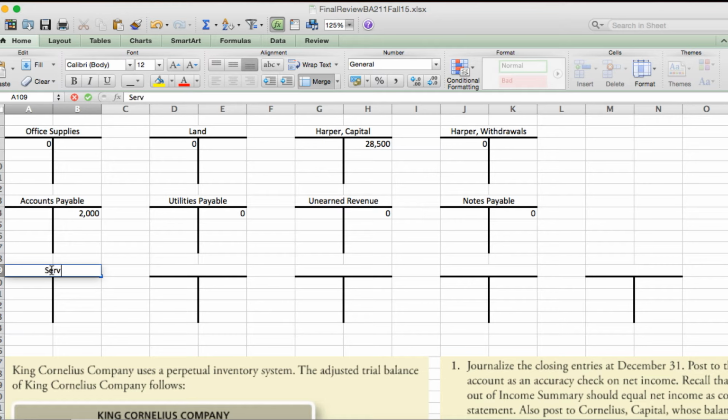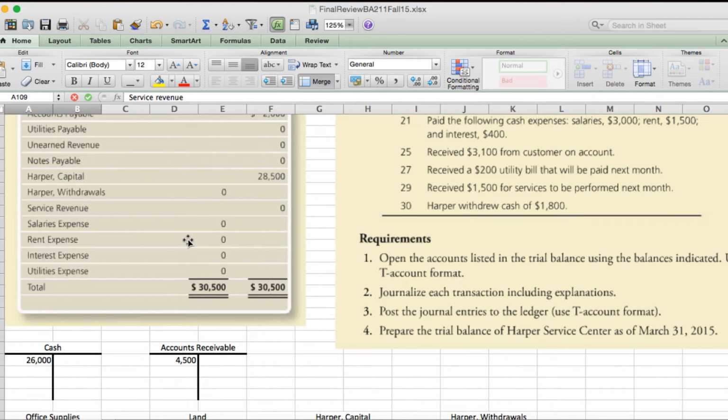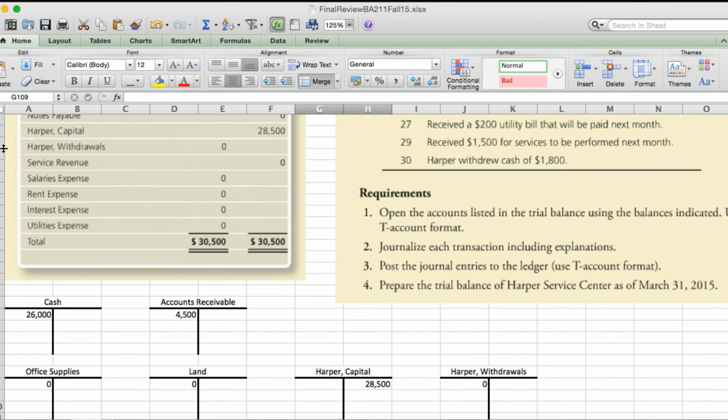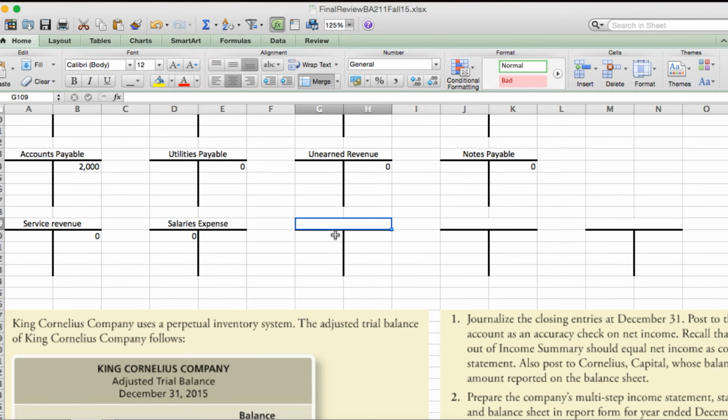So I think we had service revenue, credit balance, but 0 right now. Salaries expense, debit balance, but 0 right now. Rent, interest, and utilities expense. And each of those with a 0 balance.